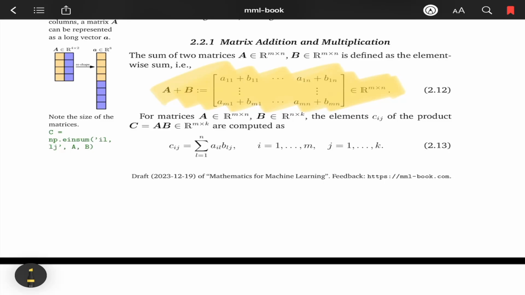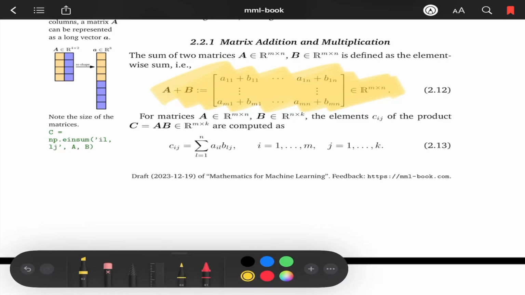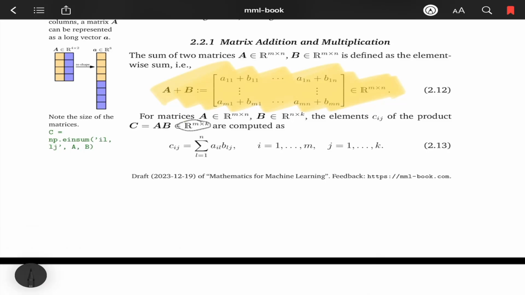And then we have matrix multiplication. C is equal to AB. The important part is that, as you can see, we have different dimensions here. We start with the first one, m times n, and then we multiply that with n times k.